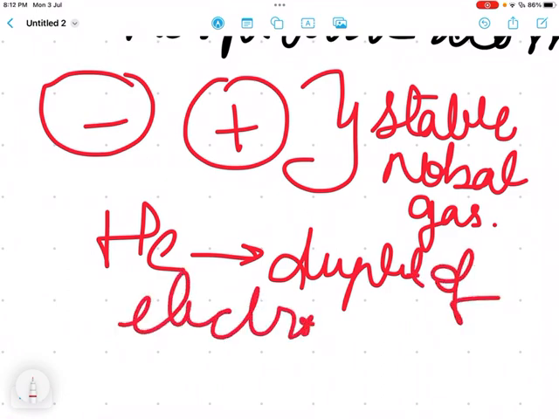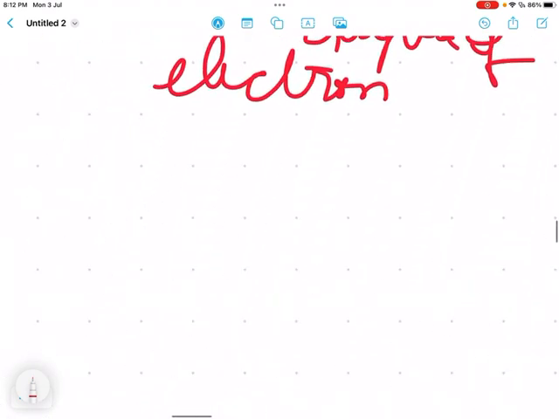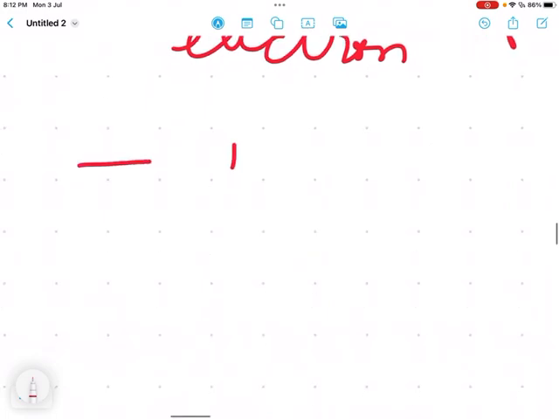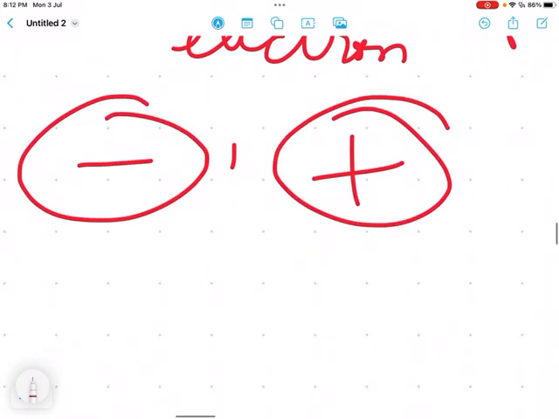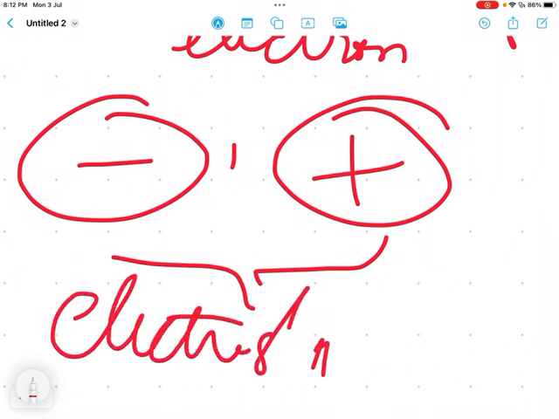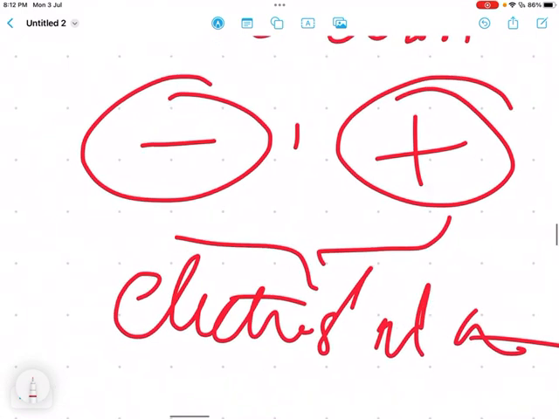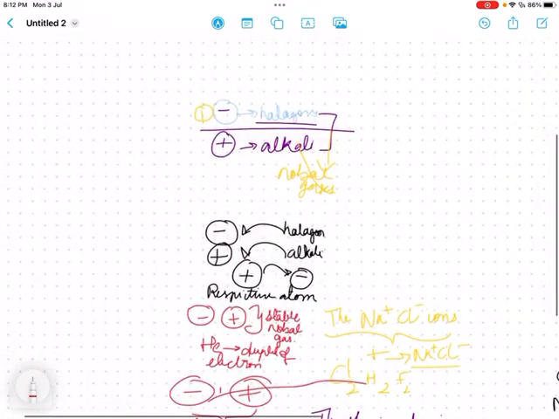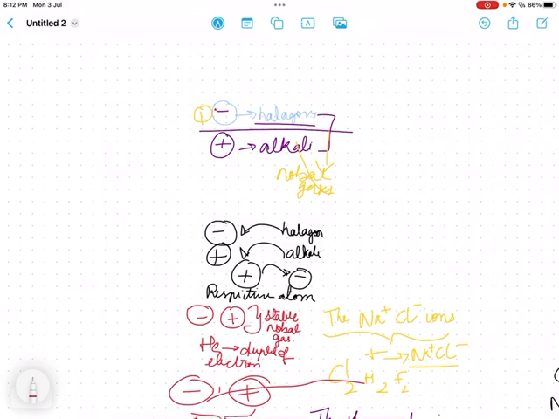The negative and the positive ion are stabilized by electrostatic attraction. So we have learned all the points. First, the negative ion is formed from electronegative halogens and the positive ion from electropositive alkali metals, and they are separated by a noble gas.